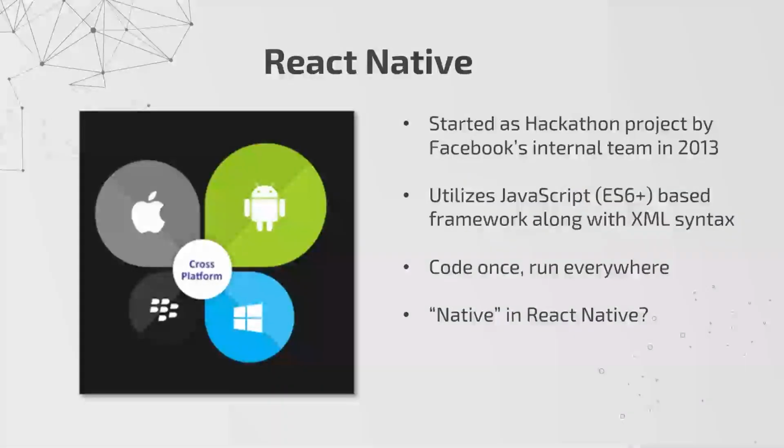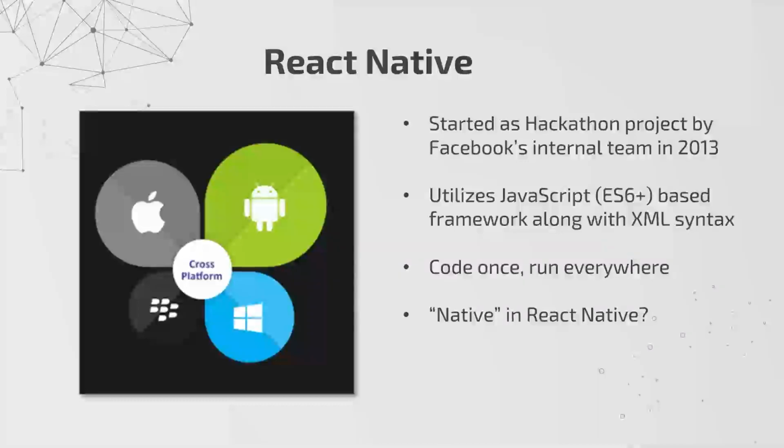React Native started as a hackathon project by Facebook's internal team in 2013. It has been a game changer for the mobile application development community, as it allows you to run JavaScript code inside the mobile environment.